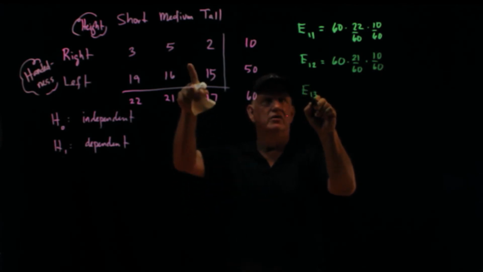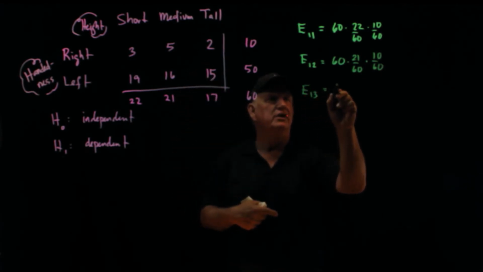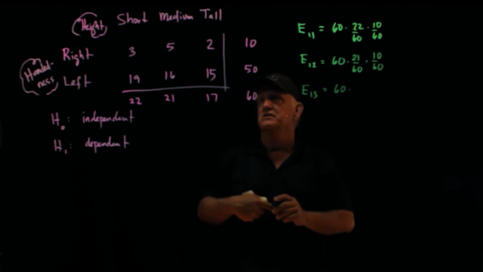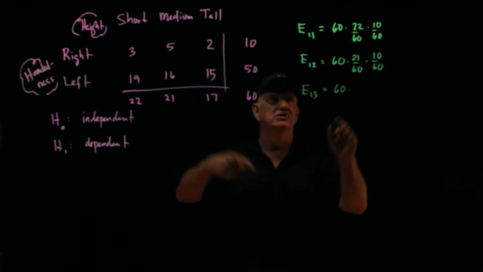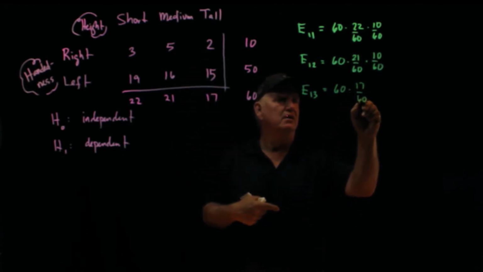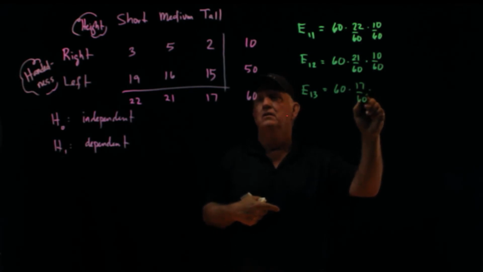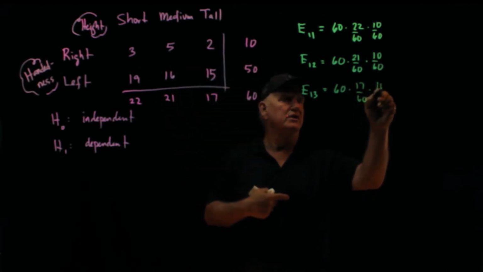E1,3, I'm looking right here now. E1,3 is 60 times this probability times this probability, 10 out of 60.